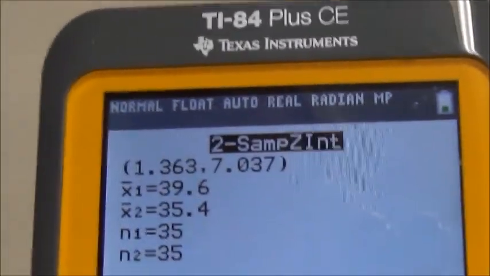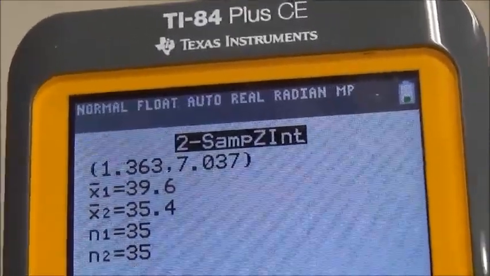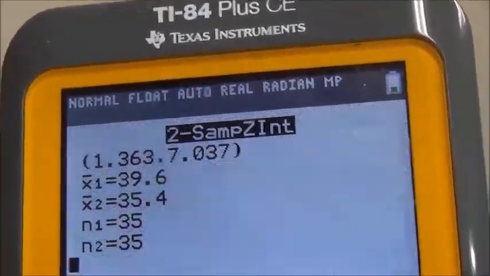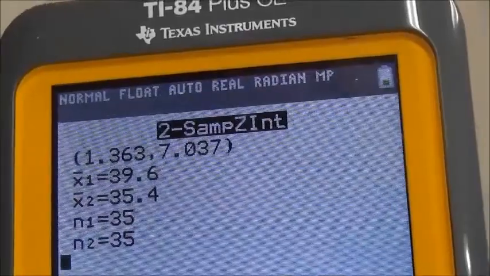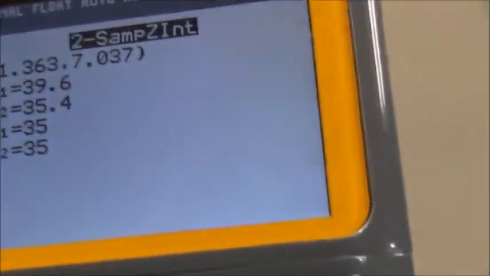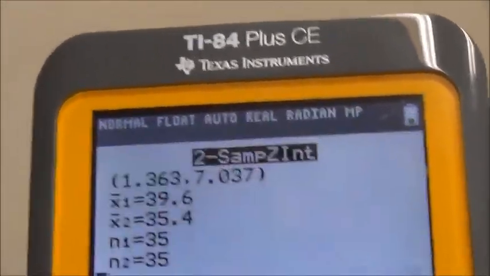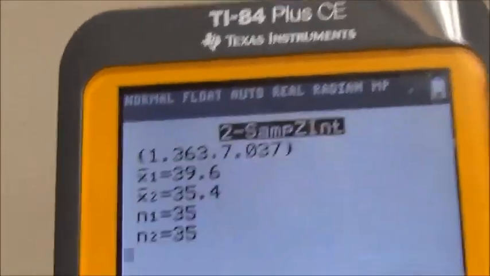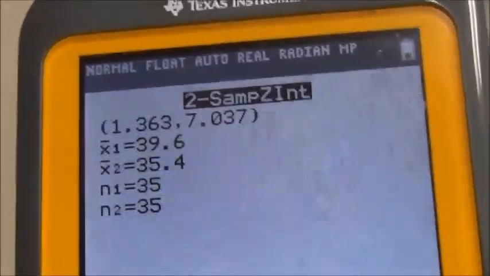So when we calculate that, we can see that our interval is 1.363 to 7.037. In this case, does our interval contain 0? Well, since both the values in our interval are positive, 0 would not be in that interval.